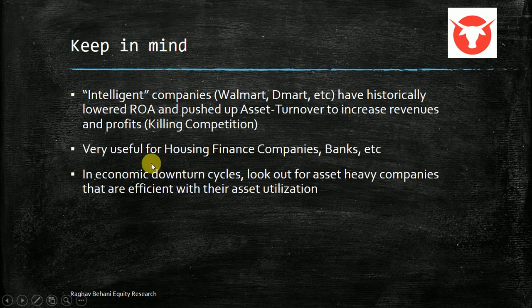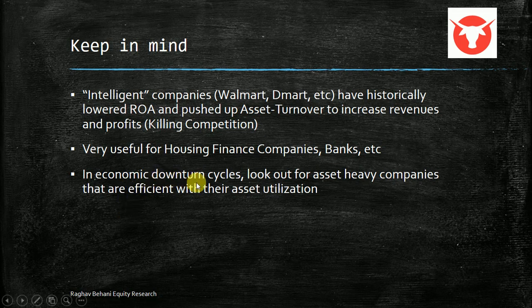Very useful for housing finance companies, banks, etc. Now price to book ratio is very important when looking at banking companies, housing finance companies. So return on assets looked along with price to book ratio can definitely help you select the best company to invest in from the industry.